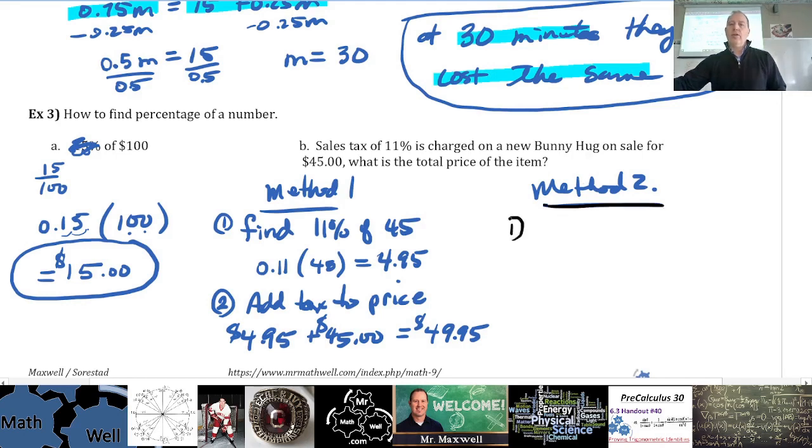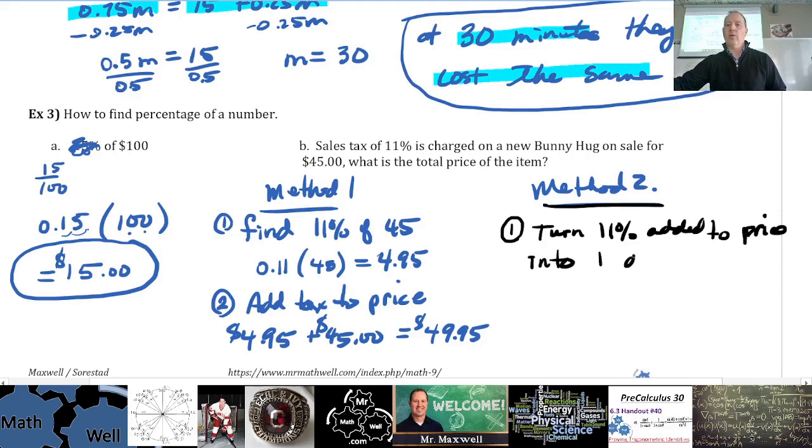What you want to do is, if you have 11% that you're adding on to something, then turn 11% added to price into 1 decimal. Sorry, it's a little messy there.